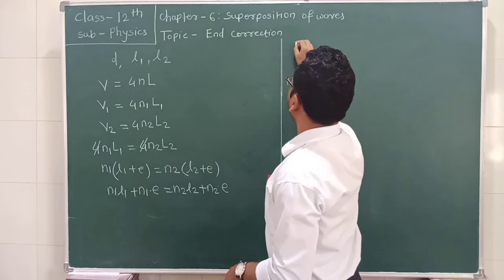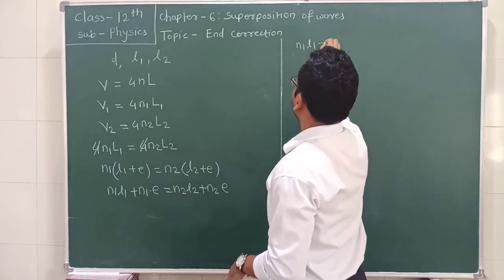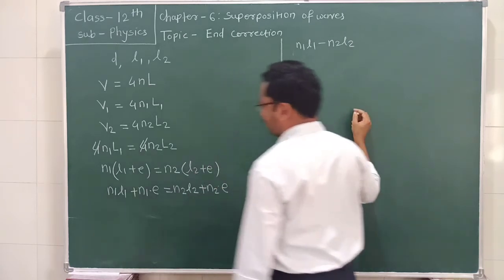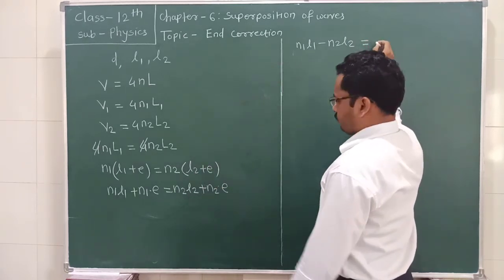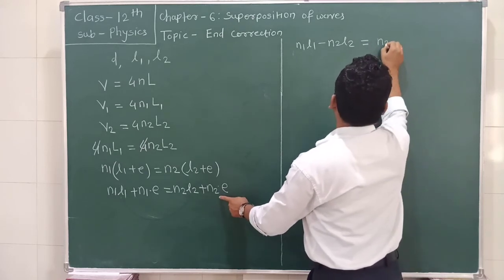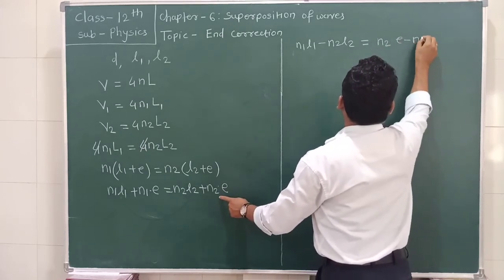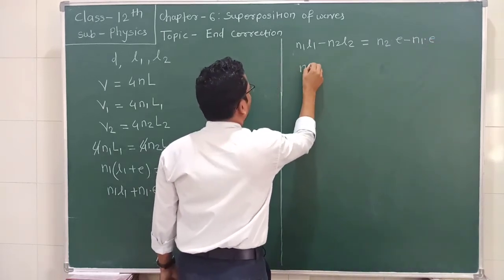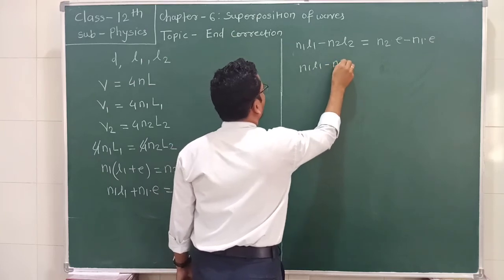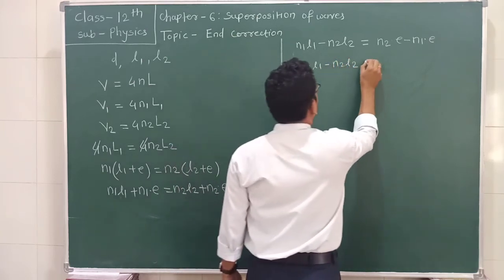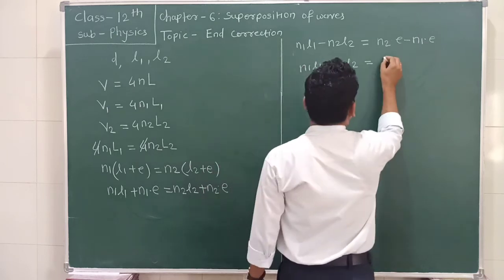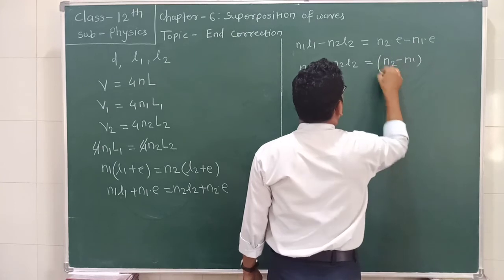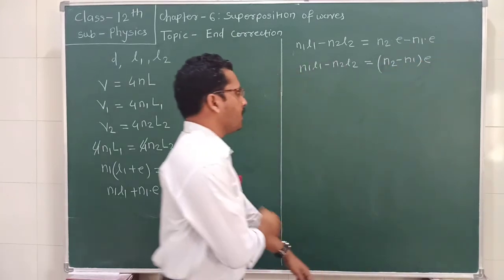So you can write here this N1 L1 minus N2 L2, जे आपण शिफ्ट करतो, which is equal to N2 into E minus N1 into E. Therefore it is N1 L1 minus N2 L2 which is equal to, याच्यामध्ये तुम्हाला E कॉमन घ्यायचं तर हा येणार आहे N2 minus N1 multiplied by E, the end correction.